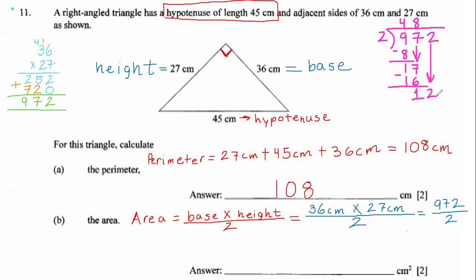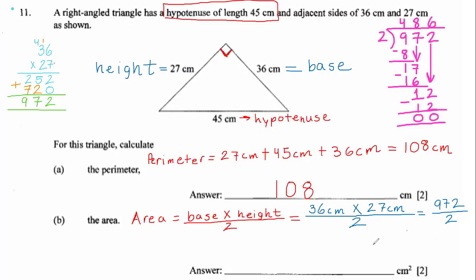How many times does 2 go into 12? 6 times, very good. 2 times 6 is 12. So this is going to be 0. And so we have 486. 486 centimeters what?